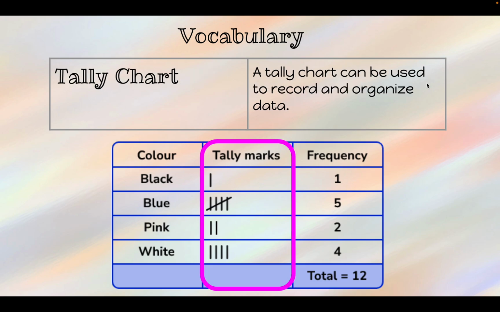Using the same chart, I can show you, and I already told you, a tally chart. A tally chart can be used to record and organize data. So instead of using numbers, they use tally marks. As you notice there, if there's one black, there's one tally mark. But if you look at the blue, after you get to 4, when you get to the 5th tally mark, you put a diagonal line through it.